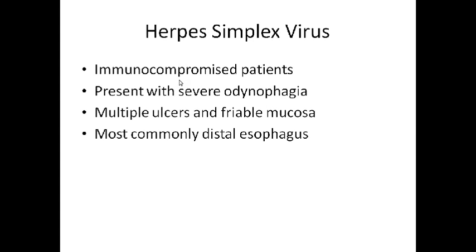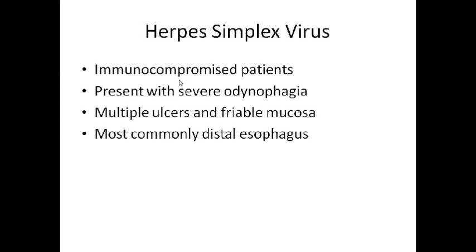So esophageal infections that we should know about, especially with immunocompromised patients. These will present with very severe, very painful swallowing and eating, multiple ulcers because of the infections, very fragile mucosa, will very commonly cough up blood with herpes simplex virus.